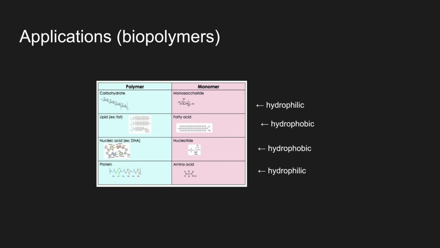In other words, since they're so hydrophilic, it is actually very easy for water to break these molecules apart. So that's something that material scientists and biologists have to keep in mind when analyzing these polymers. So that was it. And thank you.